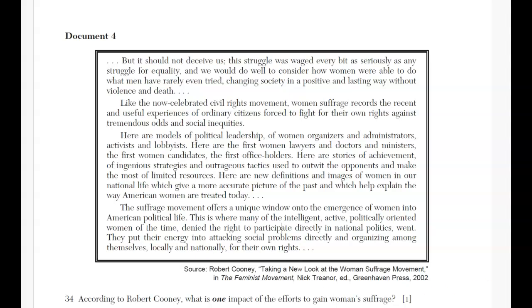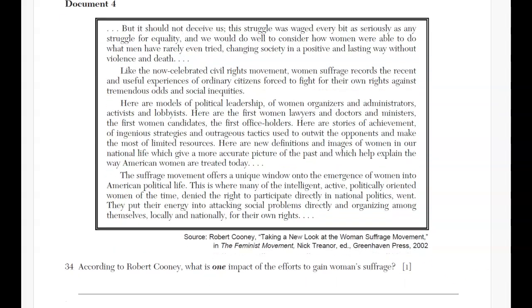Okay, now the question you get is, according to Robert Cooney, what is one impact of the efforts to gain women's suffrage? You sort of, you can't just copy a sentence here. Impact, new definitions they created. This is what you would have to say.